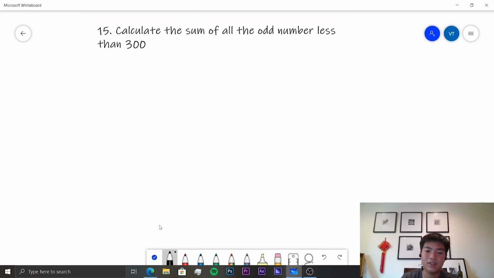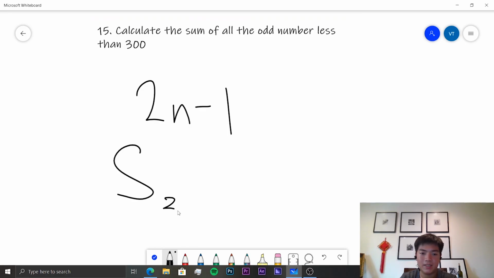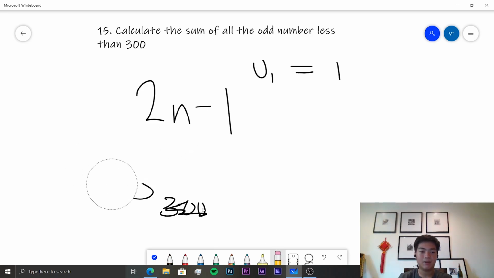So for those of you who don't know, the formula that generates odd numbers is 2n minus 1. So we need to just calculate the sum of the first 300 numbers that have a first term, of course, 1. Oh, sorry, not first 300 numbers. Oops. Okay, maybe this is a bit more complex.